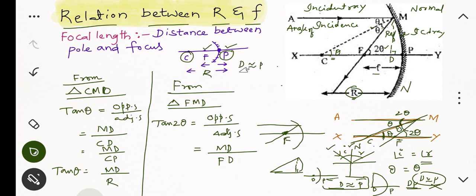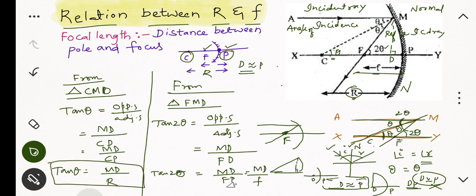Here D is approximately equal to P because we have taken a mirror of lesser curvature. Therefore tan 2 theta is equal to MD divided by FP. The distance between F and P is nothing but the focal length, so we can write MD divided by f.